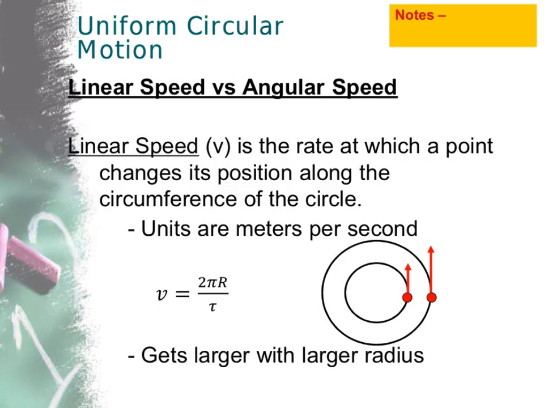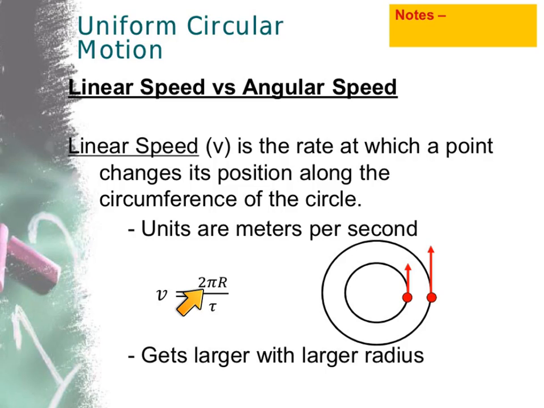Okay. So let's write a definition of linear speed. So linear speed is the rate at which a point changes its position along the circumference of a circle, and the units of linear speed are meters per second. So you can actually figure out the linear speed, v, if you know the radius of the circle and if you know the period that it takes to go one full revolution around.